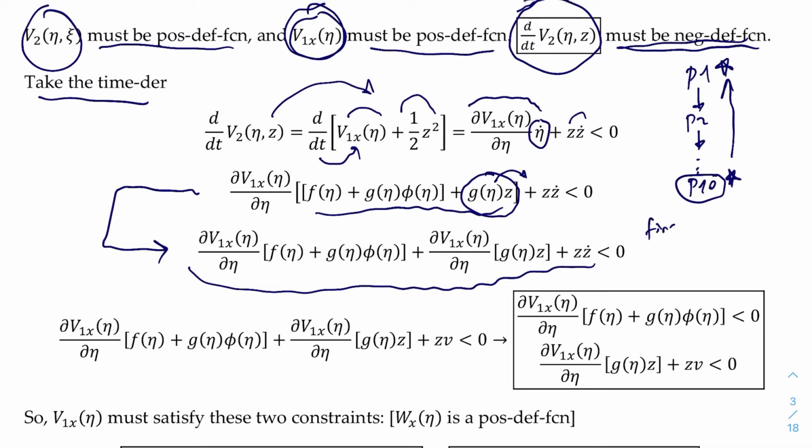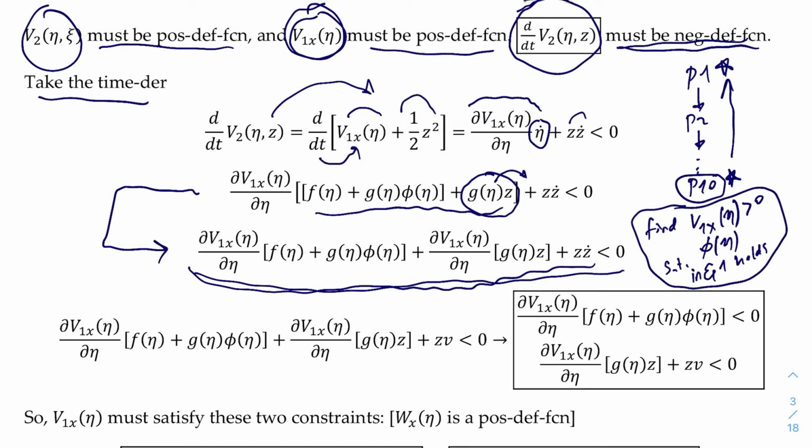The problem statement is: find v1 of x of eta such that it is positive, and find phi of eta, such that this inequality, let's call it inequality 1, holds. So this is the problem definition.